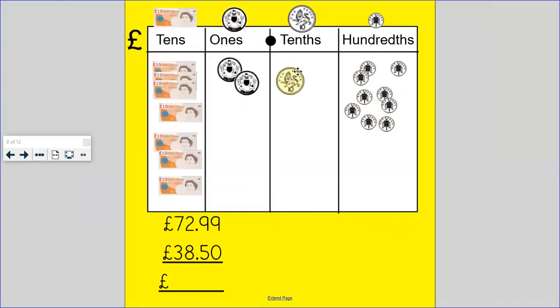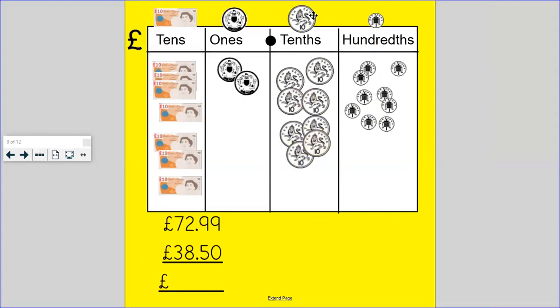That's our 900s, and 9 10s. 4, 5, oops, 6, 7, 8, 9, 10 pennies. Okay, so take away those.